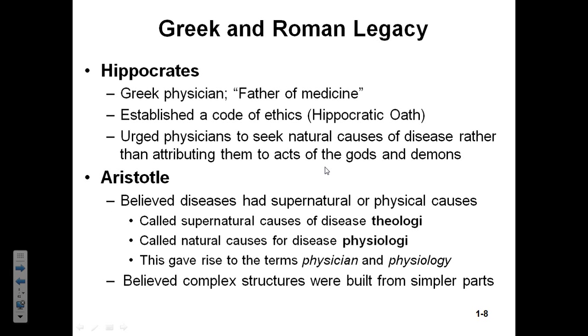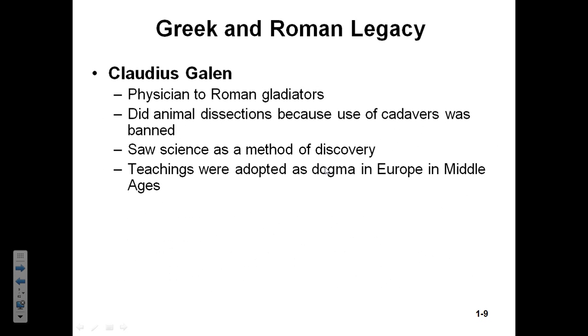Aristotle, he also looked at the causes, the theology of things, the physiology of things. So he came up with terminology like physician and physiology and looking at the structural component of a human body. Right. Galen, he looked at gladiators. And what did gladiators do back in that era? They fought, all right?